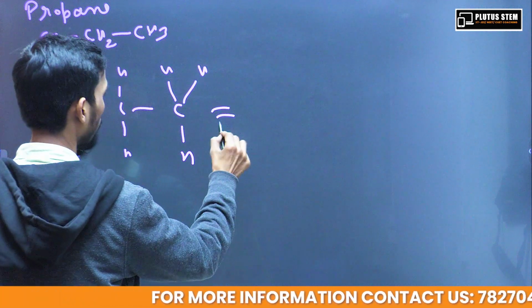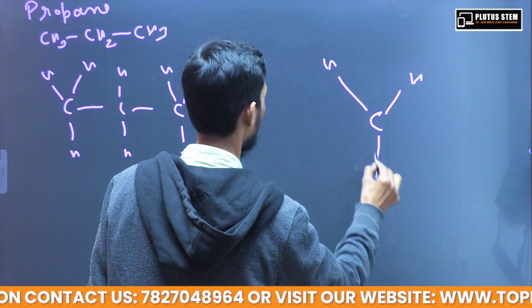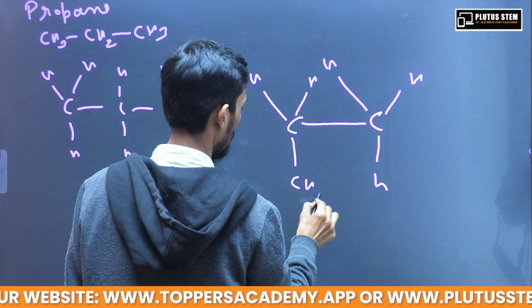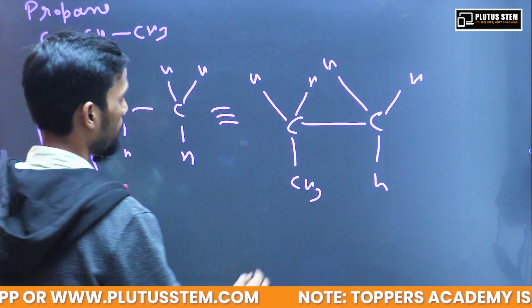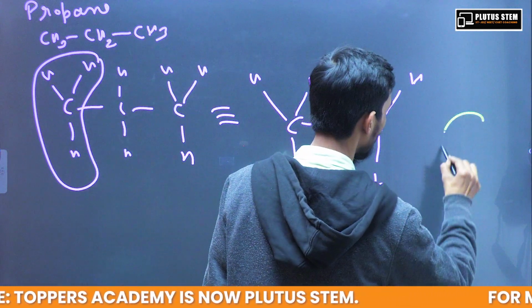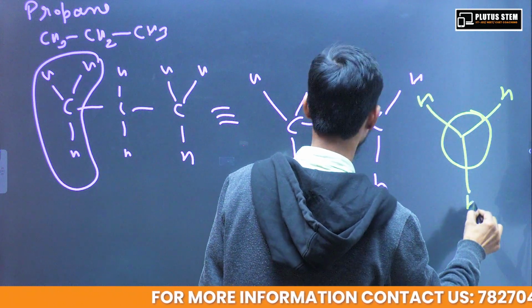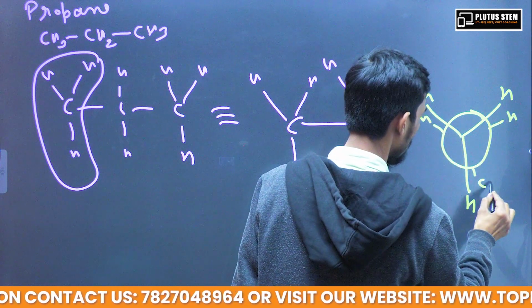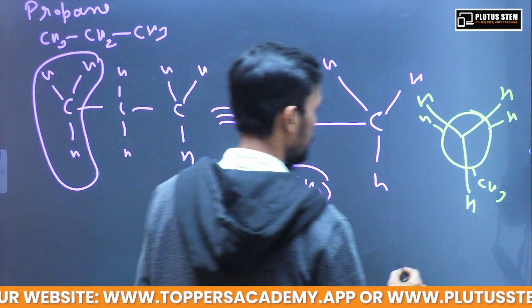Or can we make it further like this, with this whole CH3 combined? Can we write it like this or not? So now if I try to write it in the Newman projection, hydrogen, hydrogen, hydrogen, and over here hydrogen, hydrogen, and CH3. So this is a propane molecule.